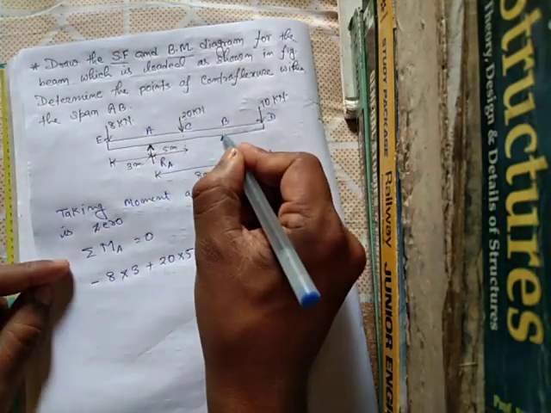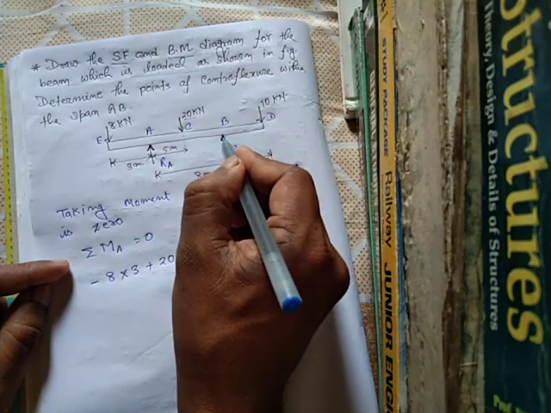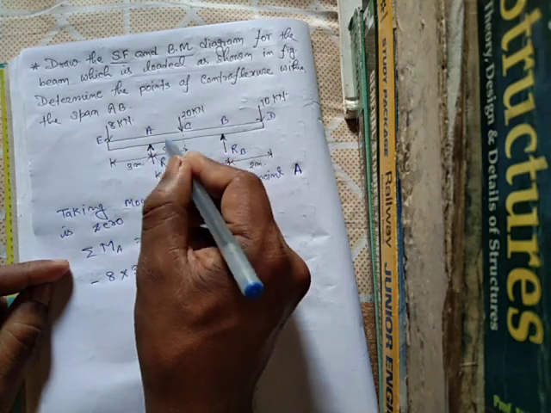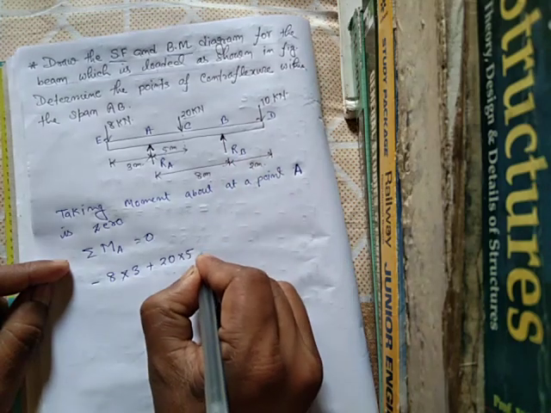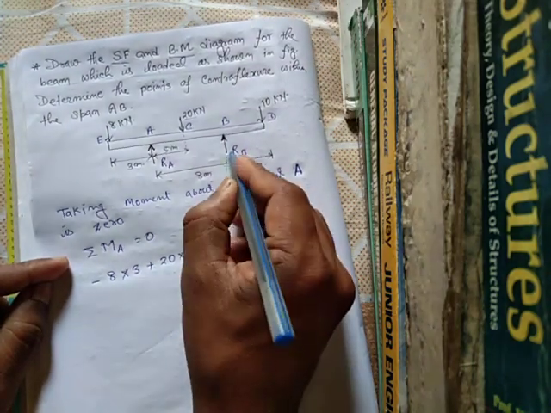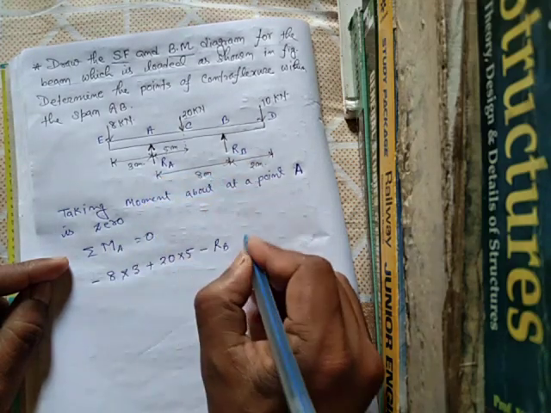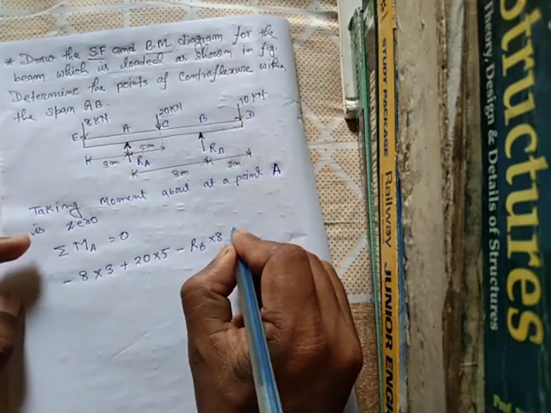And now reaction force RB, which is in the upward direction, so its moment about point A will be anti-clockwise, that means minus reaction force RB into the perpendicular distance from support to support, 8 meters, into 8.